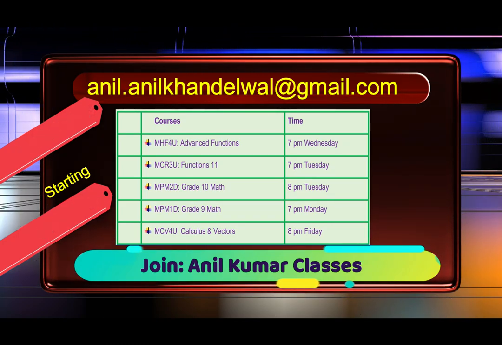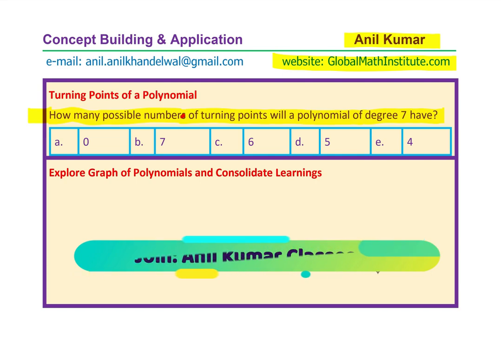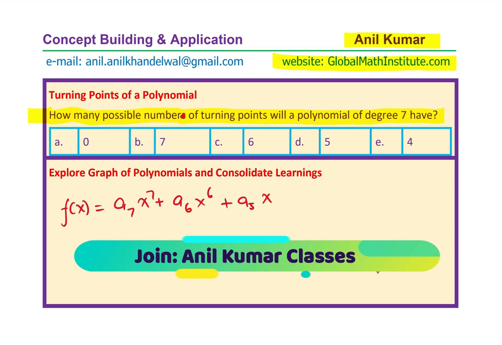Let's now continue with the solution. Degree 7 means that we could have a polynomial function equal to, let us say, a7 x to the power of 7 plus a6 x to the power of 6 plus some coefficient a5 for x to the power of 5, a4 x to the power of 4 plus a3 x cubed plus a2 x squared plus a1 x plus a0.